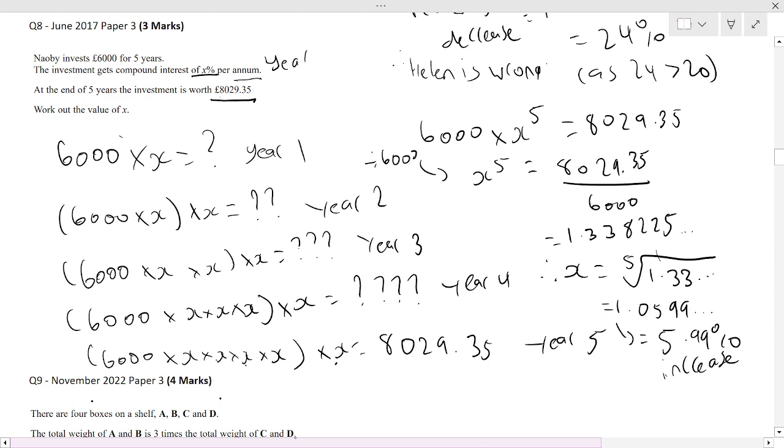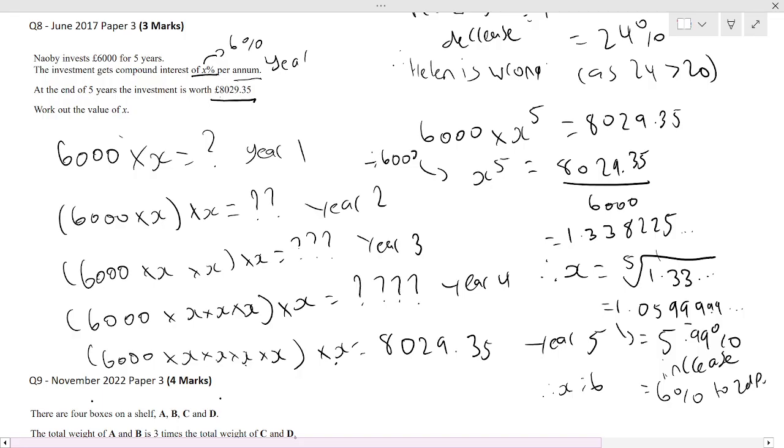And actually, to make it clearer, on the calculator it's actually 0.59999, and so on. So this rounds to 6%, really, to 2 dp, because the next number is 9, so it will keep rounding up to 6. So that means this x% is 6%. That's what we're increasing it by every year.